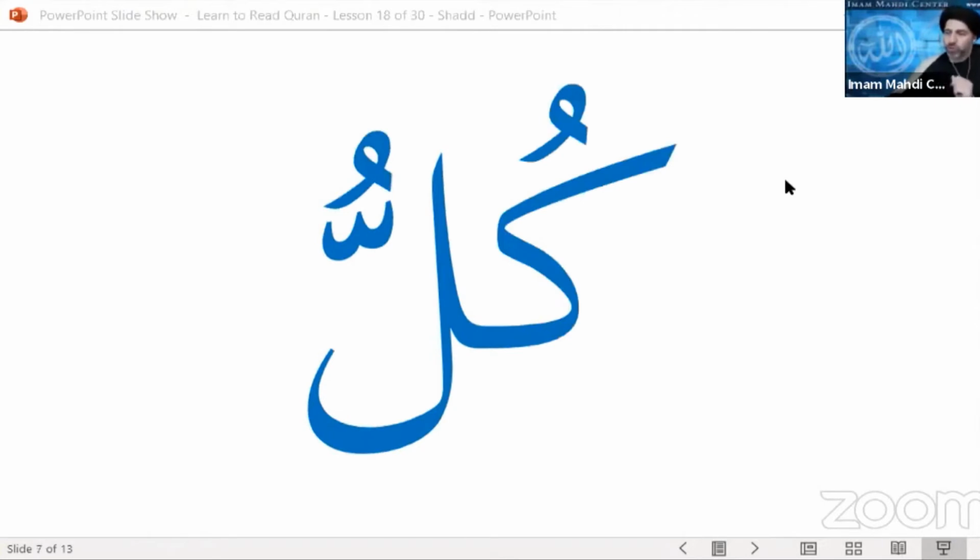Our next word. We have here a kaf with dhamma, which is pronounced ku. Then we have lam with shad. So we have to connect the lam with the kaf to say kul, and then without stopping the sound of the lam, we have to pronounce the vowel on the lam, which is dhamma. So we say lo.